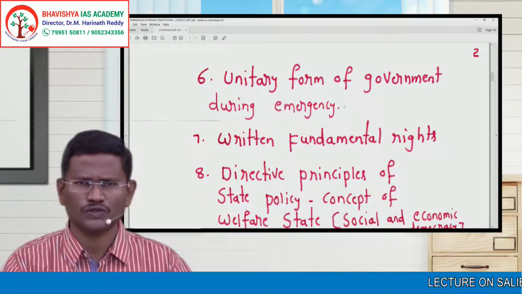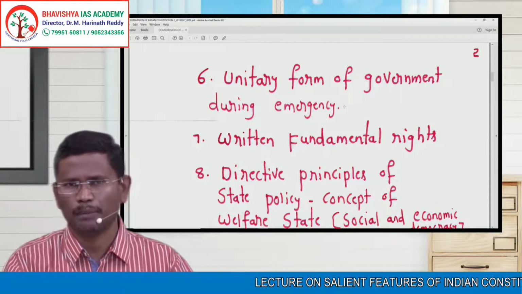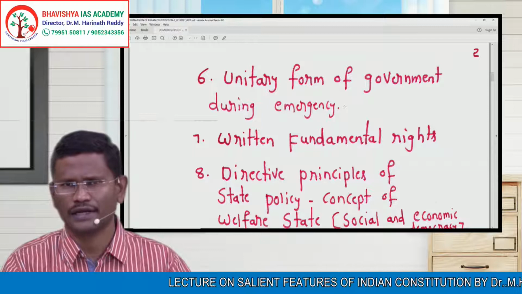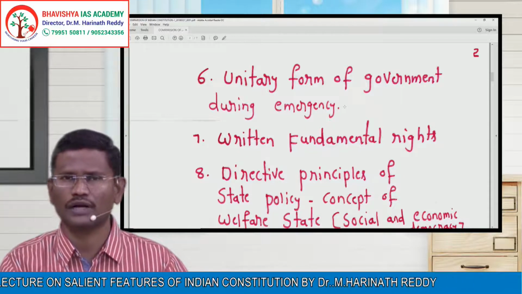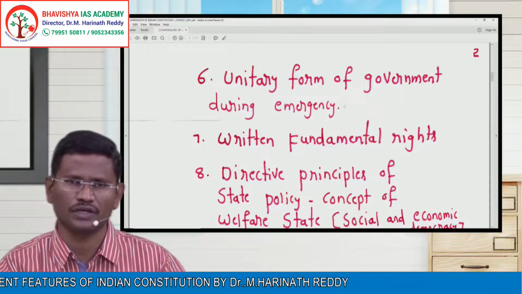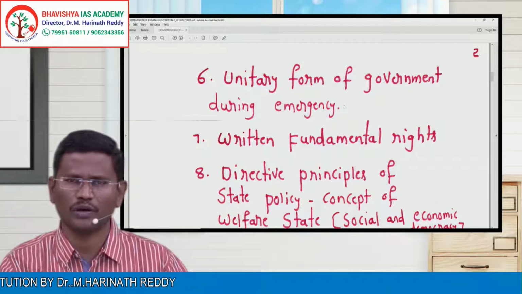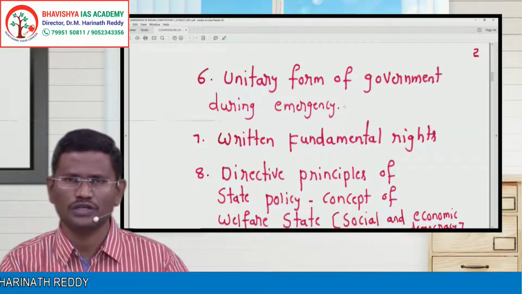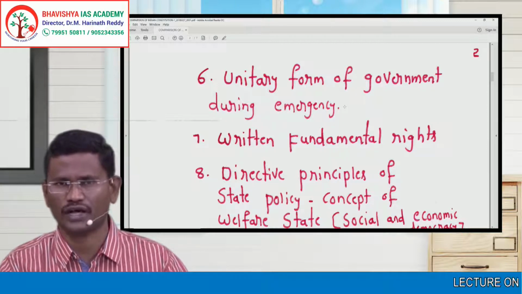And then, Indian Constitution also provides for written fundamental rights. See, Part 3 of the Indian Constitution guarantees to every citizen of this country a set of rights called fundamental rights. So the concept of written fundamental rights we have borrowed from American Constitution. See, in American Constitution, the fundamental rights are called as Bill of Rights.